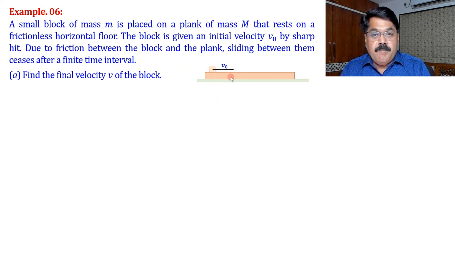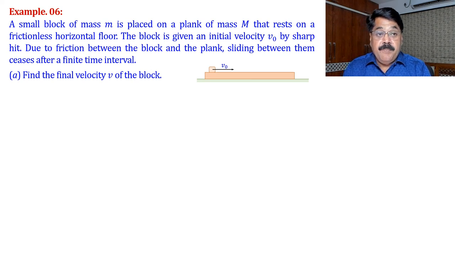And acceleration of the plank is mu m g upon capital M forward. So v0 minus mu g t is the velocity of the block, and the velocity of the plank is mu m g upon capital M into t. When these two velocities are equal, equate these expressions and you will find t. By substituting t in either velocity equation, you can find the velocity of the block as well as that of the plank.